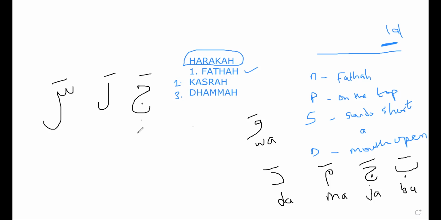Ja. Ja, yes. La. Sa. Thank you. Now, how do we read together? Ja, la, sa. And in English, it means to sit. Okay? Ja, la, sa means to sit.